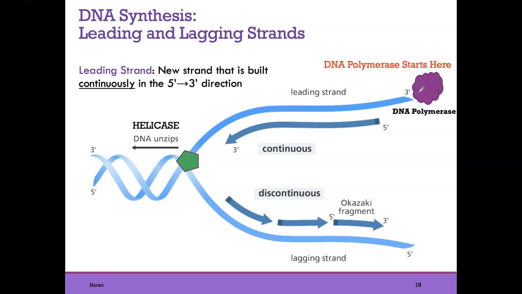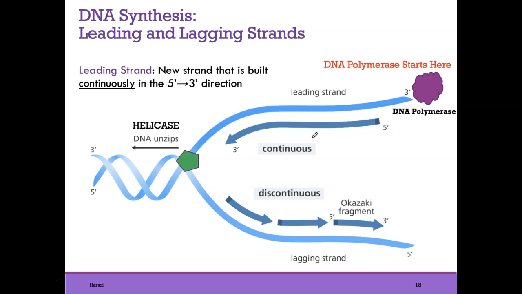DNA polymerase has no problem recognizing the 3' end here and then making new DNA from 5' to 3'. It can do this continuously because it's going in the same direction as helicase. You're being shown an arrow, right? Helicase is unzipping this way.